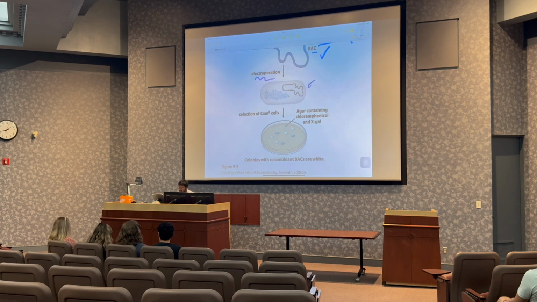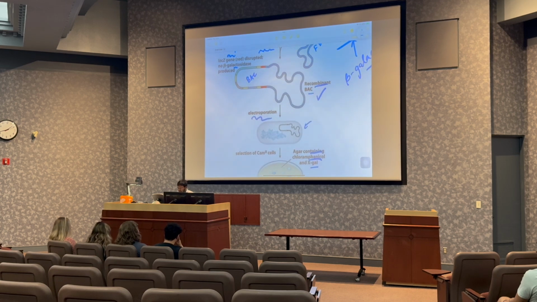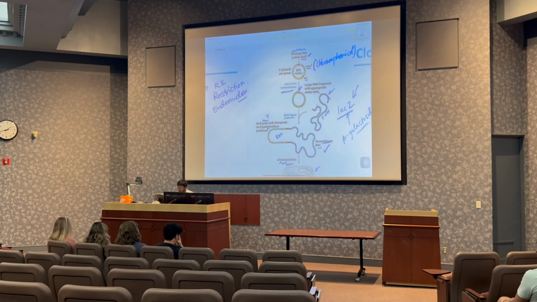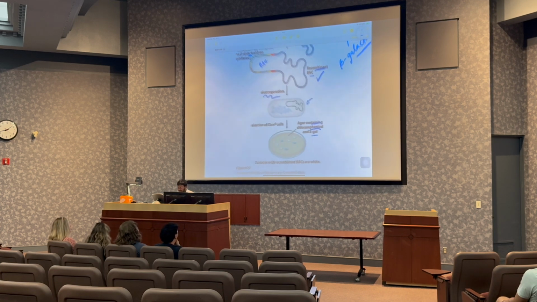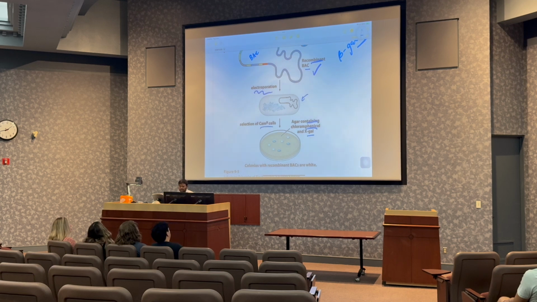Now you have agar containing chloramphenicol and X-gal. What is chloramphenicol? Have you seen the chloramphenicol resistance gene here? It's not affected in this case, so the bacteria will still have resistance toward chloramphenicol.